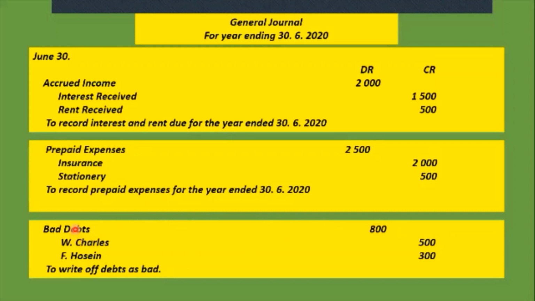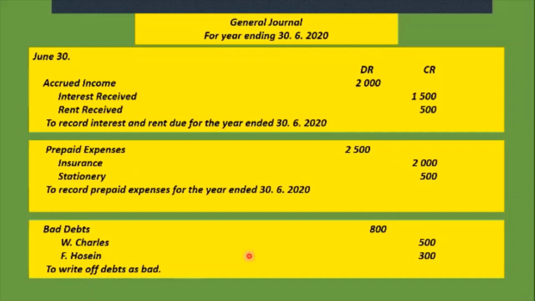Again, we could have done it separately, and we would have had two debits in the bad debts account, but it is the same one account, so we could add them together and then just credit the customer's account. These people's accounts will be stamped closed, and we will not trade with them again, right? To write off debts as bad is the narrative.